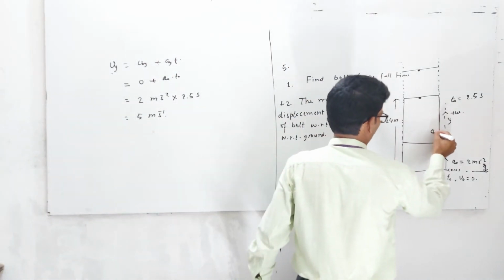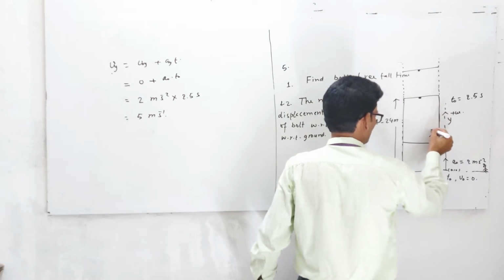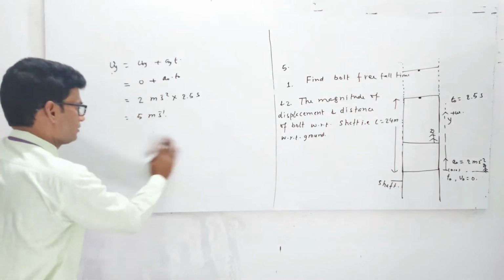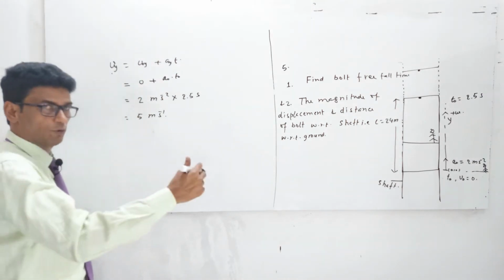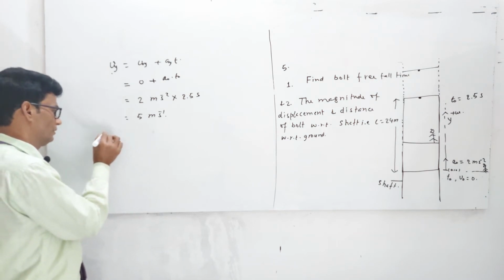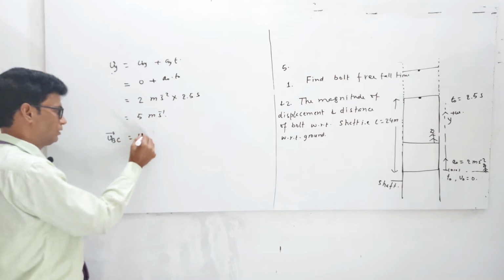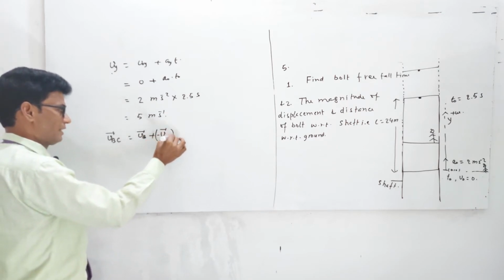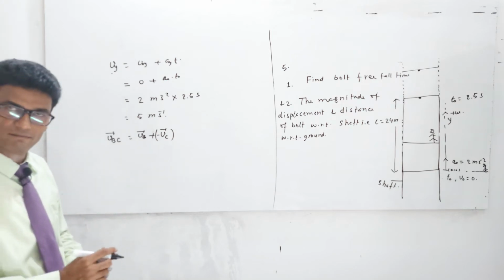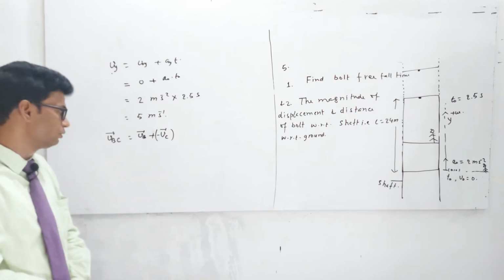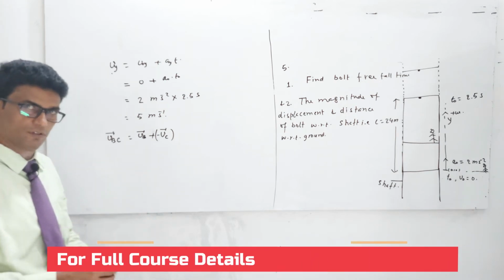Suppose here is the observer. Now for this we have to use the relative concept. Velocity of the bolt with respect to cabin is velocity of bolt with respect to ground plus velocity of cabin with respect to ground with minus sign, because we have to nullify the effect of the velocity of the cabin and then add it to the velocity of the bolt.